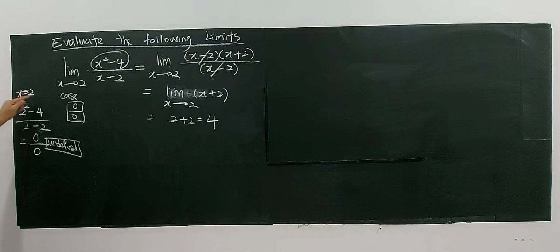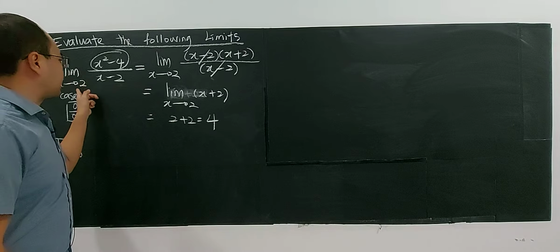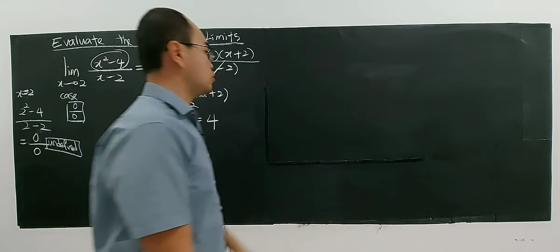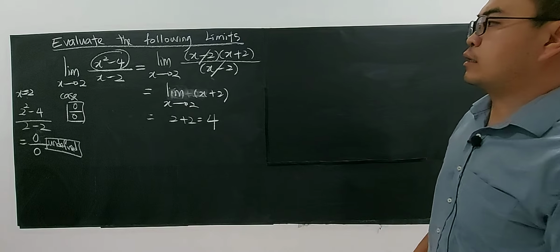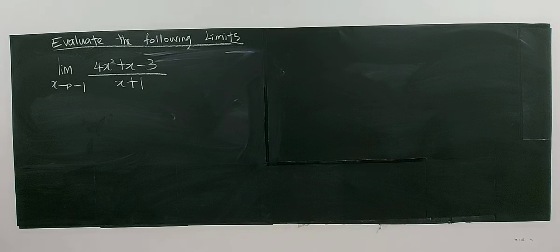But when x equals 2, there is no value, it's undefined. So we study what happens when x approaches 2. Yes, there is a value, but not when x equals 2. So this is a technique that I apply here. Let's move on to the next example.